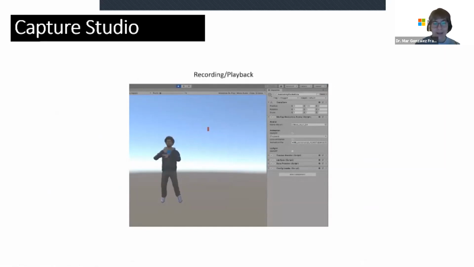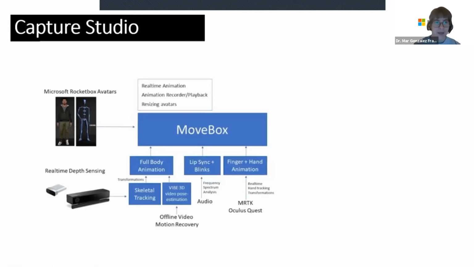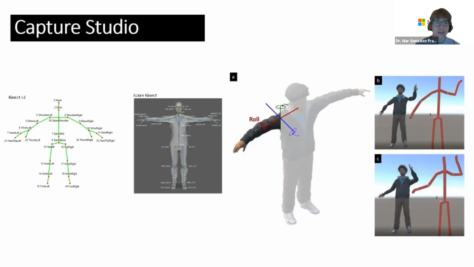So you drop that script into any of the Rocketbox avatars, and all of a sudden you have the whole studio in there. So there were some challenges. As we say, there are a lot of conversions on skeletons, right, that look very different, even from Kinect version 2 to Azure Kinect, and also the avatars' own simple skeletal structure is different. And then other small tricks that we did, like roll compensation based on the data model.